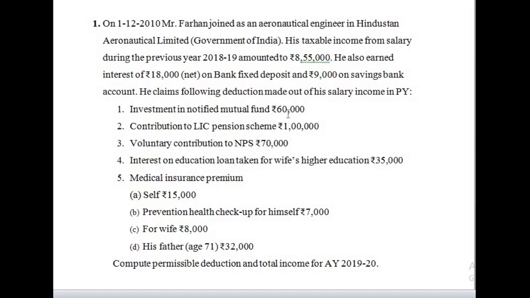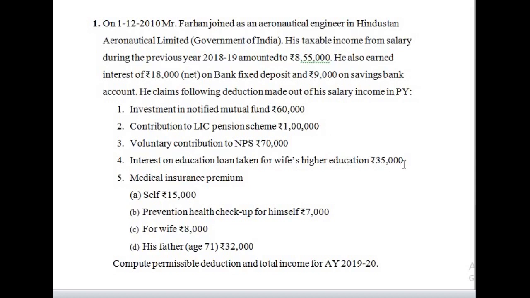So here we have two categories of deductions. The aggregate of 80C, 80CCC and 80CCD(1) should not exceed rupees 1,50,000. So here the total amount of the 80C category is 1,60,000, but as per the limit, up to 1,50,000 you can claim deductions.